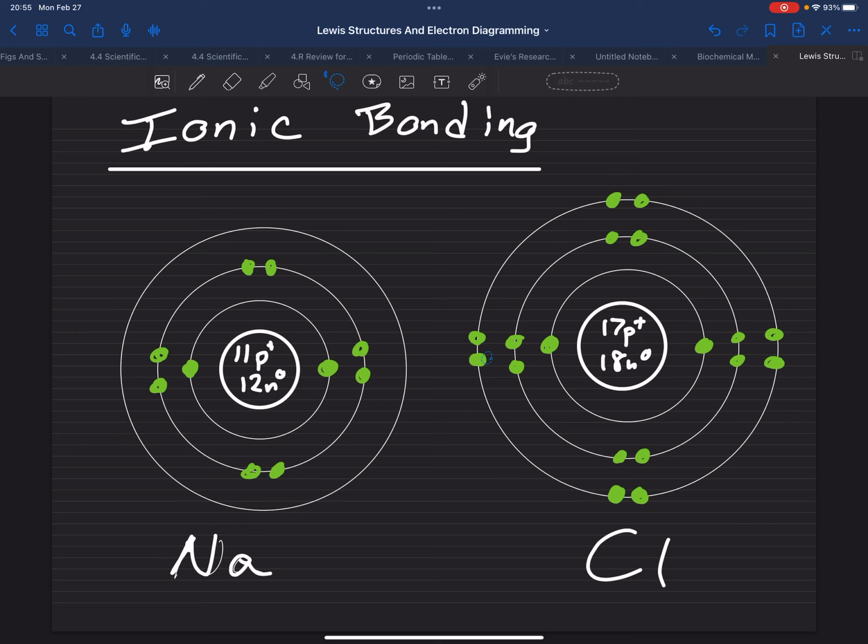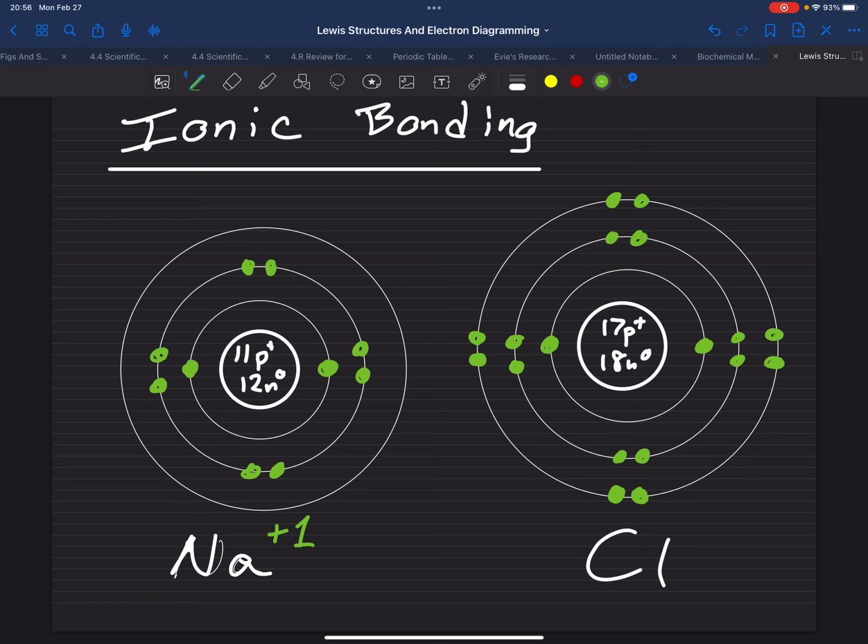What that does is it now makes it so sodium has 11 protons and 10 electrons, excuse me. So 11 protons, 10 electrons gives us an imbalance of +1.